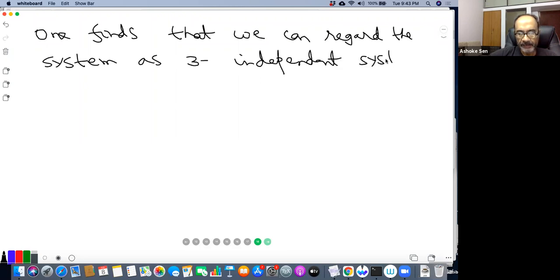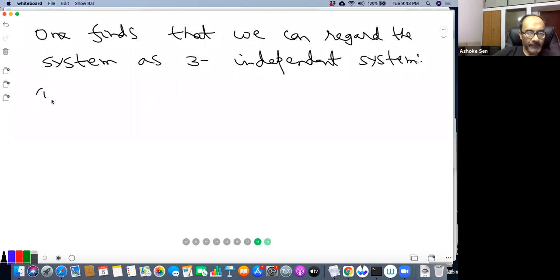This is very similar to when you have a complicated dynamics, but you can decouple some of the degrees of freedom. For example, when a rigid body falls under gravity, the center of mass motion you can decouple from the relative motion inside the object. So when I say three independent systems, that's what one means.